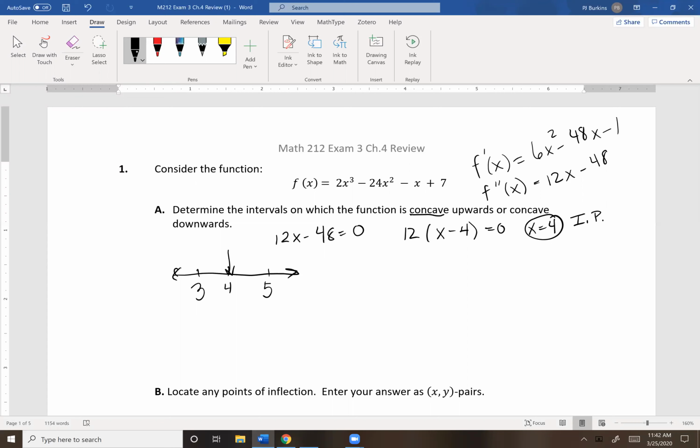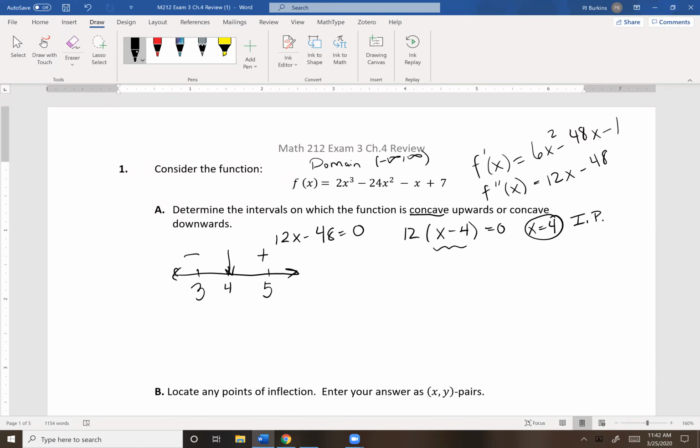This is a polynomial function, so its domain is negative infinity to infinity. If I test these points, I plug 3 in here, and this becomes negative. So this is minus, and if I plug in 5, I get plus.